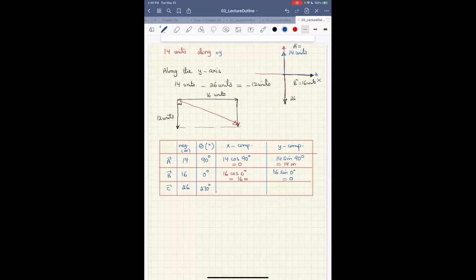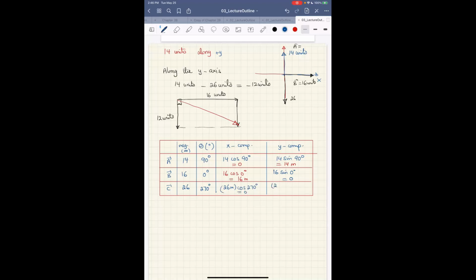And it's very clear because whenever you have anything along the x-axis, it doesn't have any component in the y. Anything in the y will not have an x component. And finally here, 26 meters cosine 270, and cosine 270 again is 0.